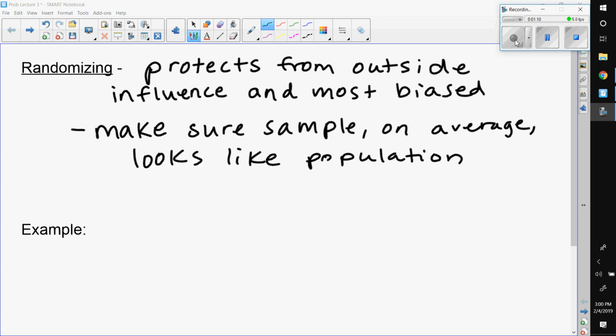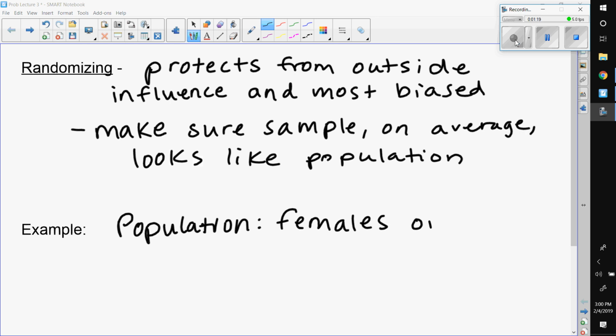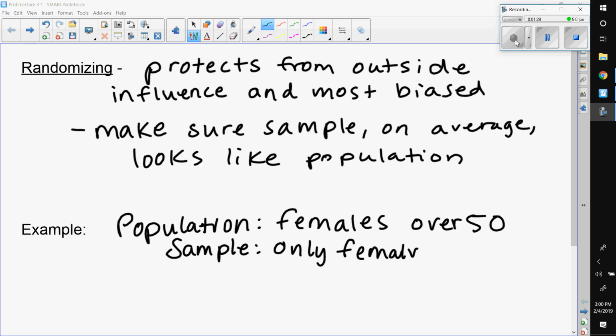An example would be if we're talking about a population of females over 50, then our sample needs to be only females over 50. You shouldn't be sampling 25-year-olds if your population is females over 50.